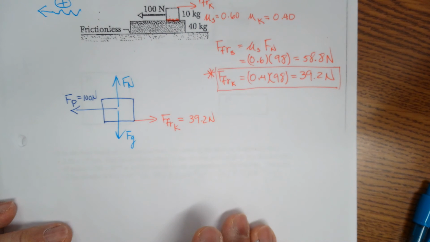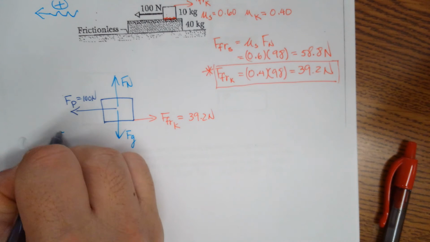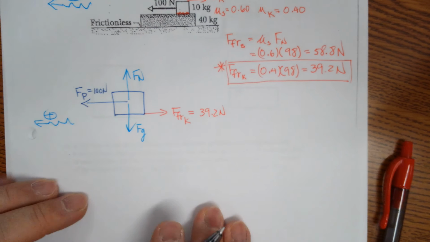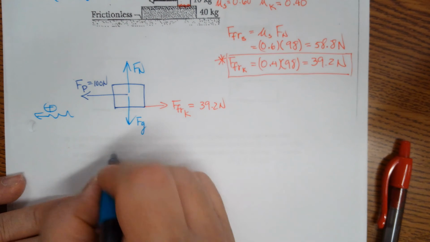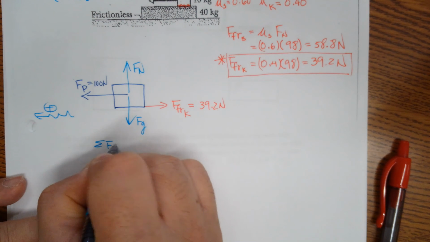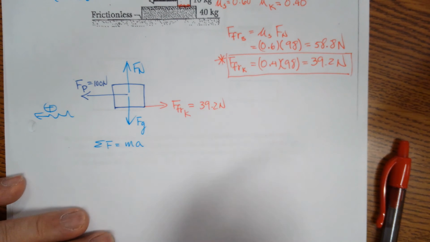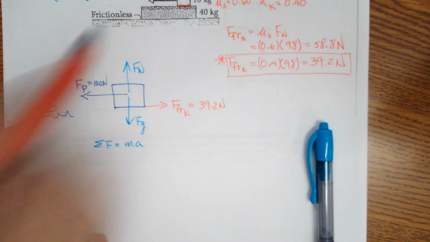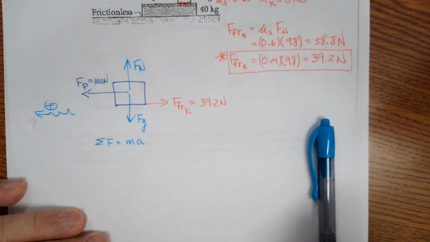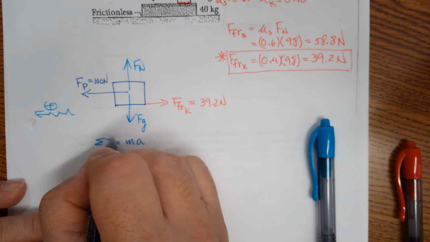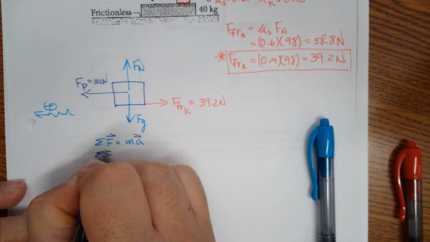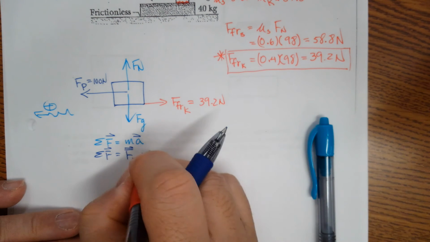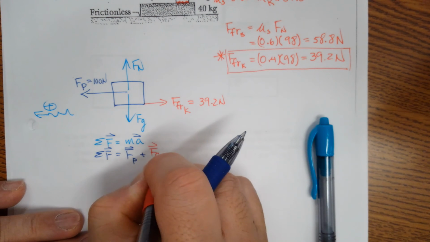All right. So, like I said, we're going to consider this direction to be positive, to make the direction of motion positive. So here, I have the sum of all forces equal to ma, right? What would the acceleration be? So the sum of all forces is just F pull plus F friction kinetic.